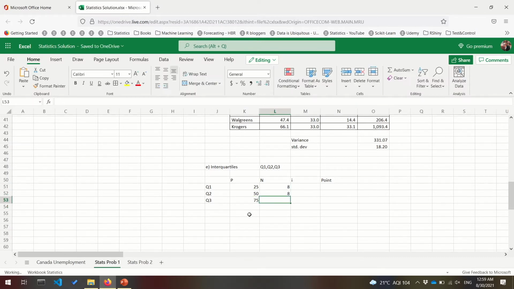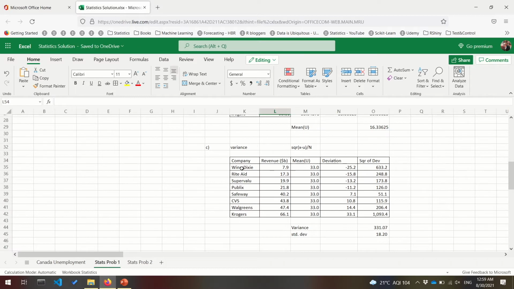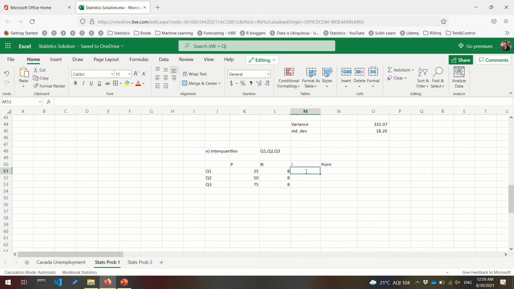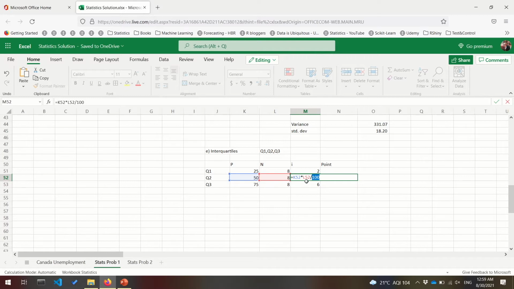N is always 8. I have 8 data points, these 8 data points. Now for i, if you remember the formula, i is P divided by 100 into N. So here the i is equal to this into this divided by 100.